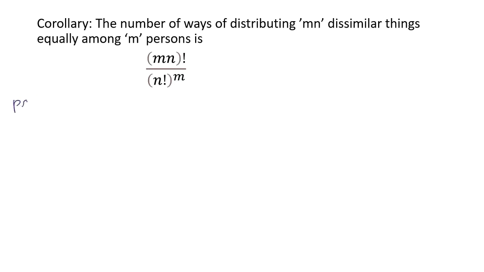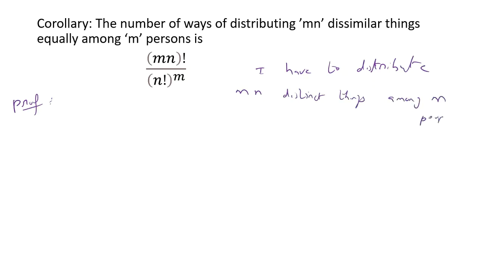So let me give the proof for this. I have to distribute mn distinct objects, distinct things, among m people. So first what I do is I divide this task into two parts, W1 and W2.